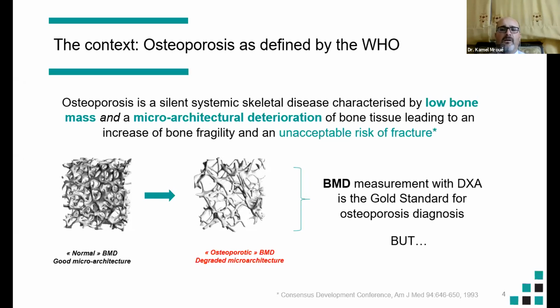We have low bone mass, I mean, we don't have enough bone, and on top of that, we have a bad bone, okay? We have two important things, and this will lead together to easily breaking bone, and this will lead to an unacceptably increased risk of fractures.